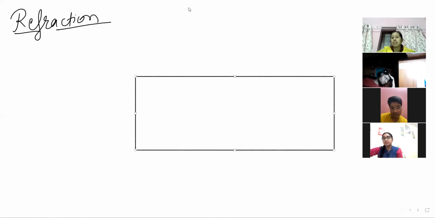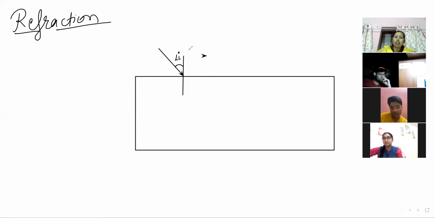Suppose this is my glass slab. Now, this is my normal. Now, when a beam of light hits the normal, that will be my angle of incidence.